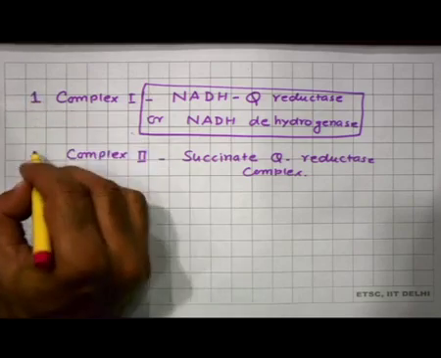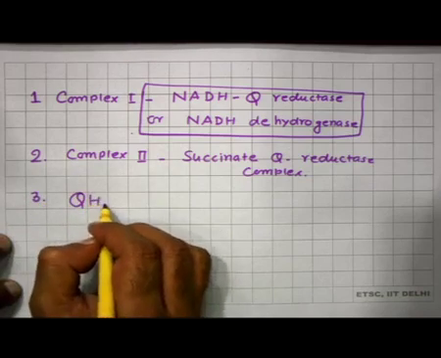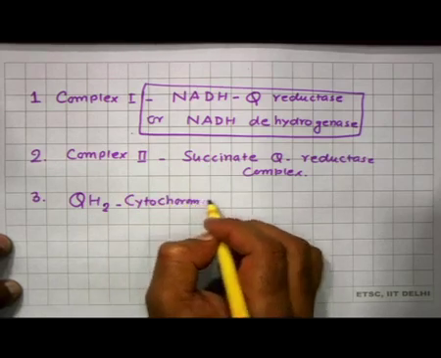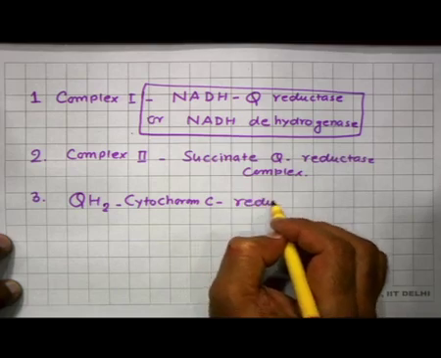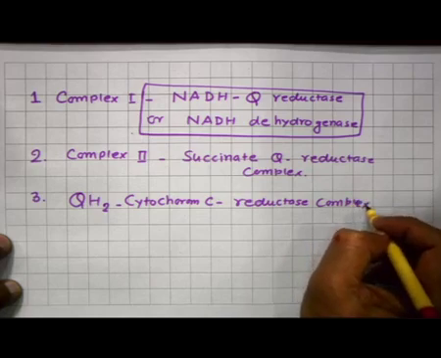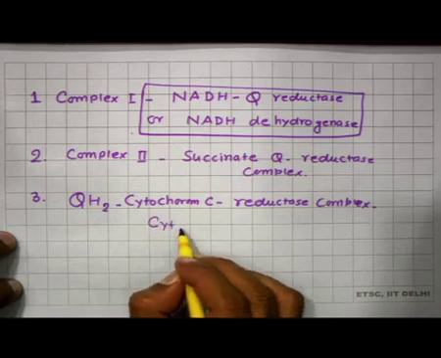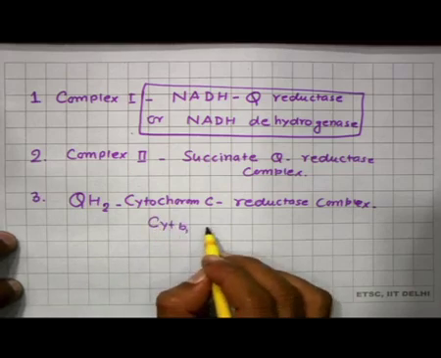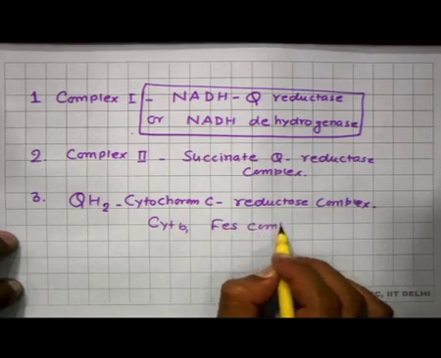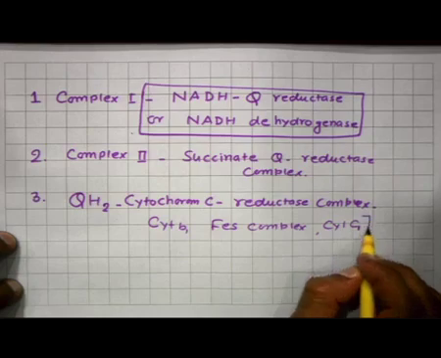This is the first complex, this is the second complex. The third complex is called QH2 cytochrome C reductase complex. It has three components, that is cytochrome B, FeS complex and cytochrome C1 complex.